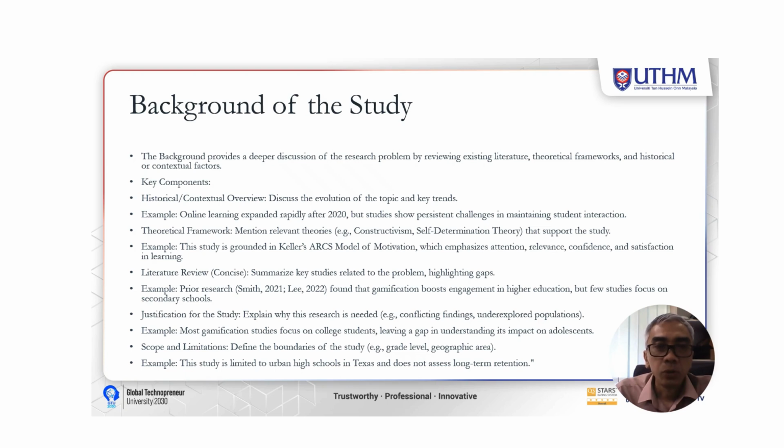Next, you provide a concise literature review, highlighting key findings and also gaps. And finally, you justify the study and define its scope and limitations. So the background is where you demonstrate both your understanding and your positioning within existing research.